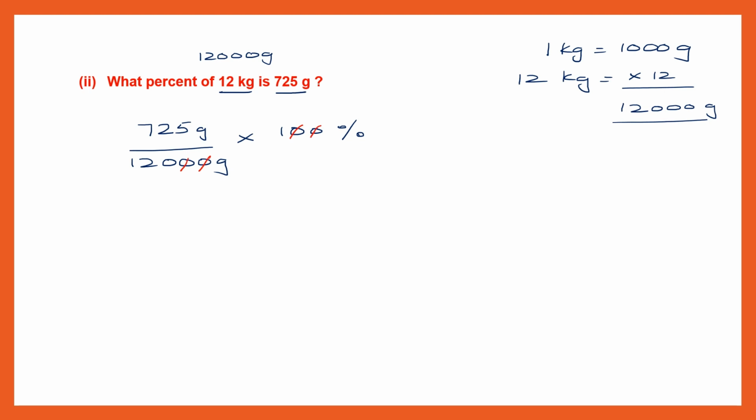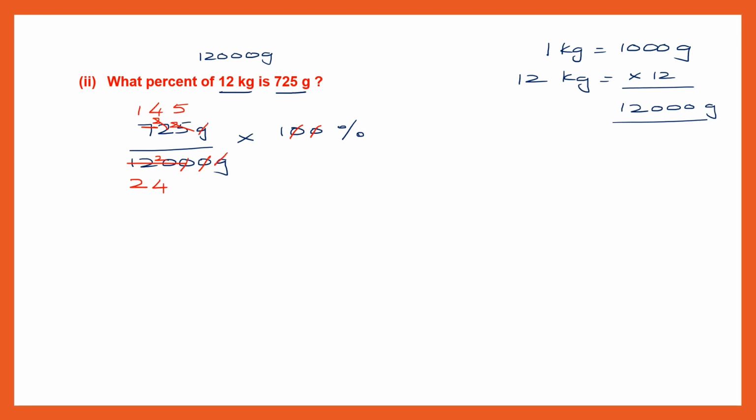I can cancel 725 and 120, I can divide both by 5. 5 twos are 10, then again 20 is left there. 5 fours are 20, 5 ones are 5. 6, 7 means there's 2 left. Now it's 22, 5 fours are 20, again there is 2 left. 25, 5 fives are 25. So 145 grams. So we continue.